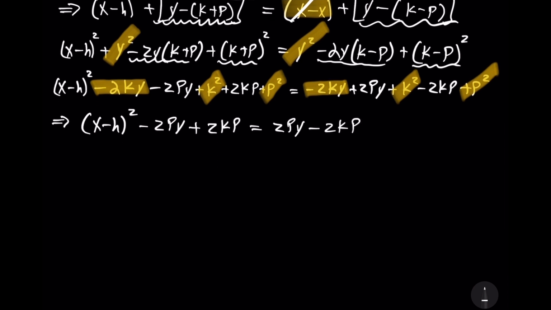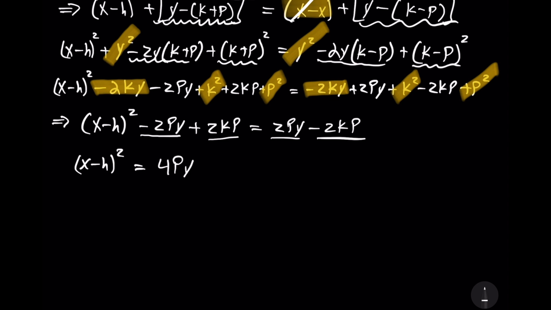Great. There's a lot of things we can gather up. Get this minus 2py and this plus 2py together. Let's get this 2kp and this minus 2kp together. So we can get (x minus h) squared is equal to, so we'll add 2py to both sides, so we have 4py.